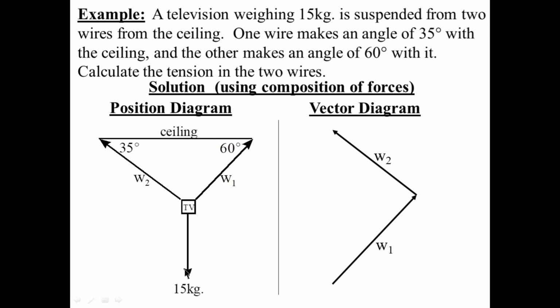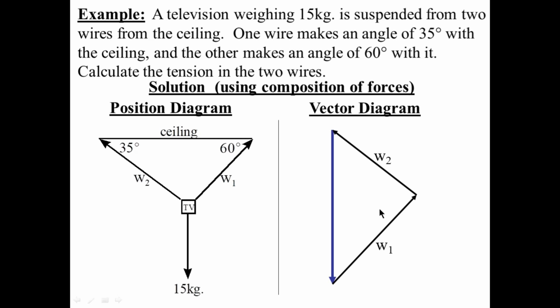And now this is a straight up and down vertical vector with an arrowhead on the bottom, so I'll draw that here. So I harvested 3 vectors from a position diagram into a triangle of vectors called a vector diagram.